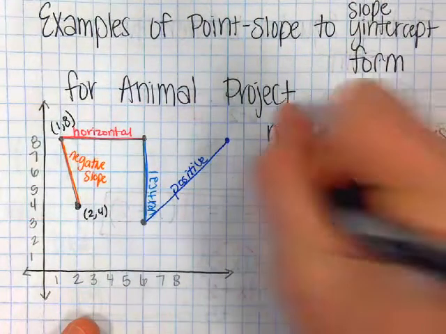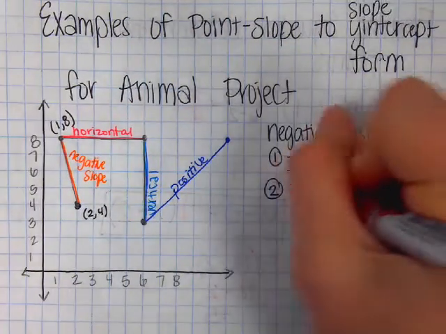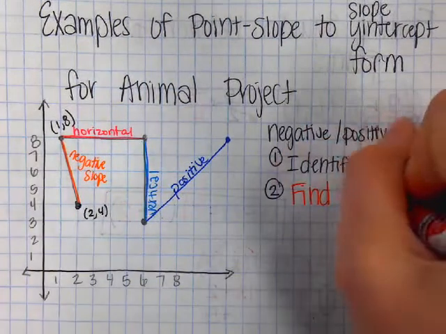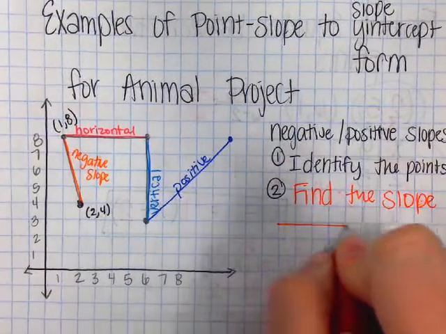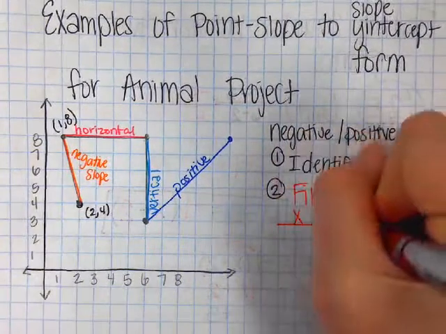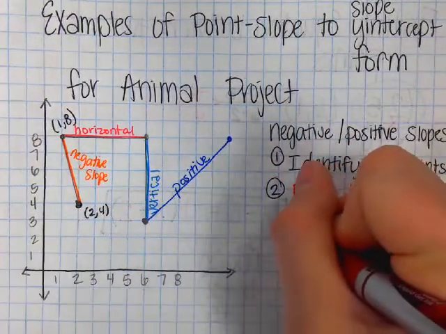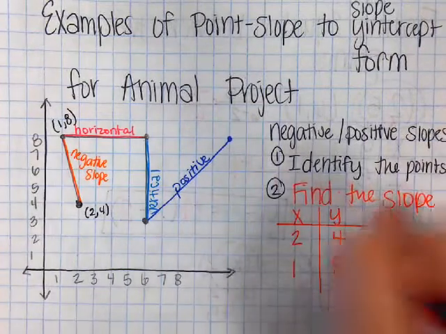Okay. Part 2. Find the slope. So x, y, the first point is at 2, 4. Next point is at 1, 8.